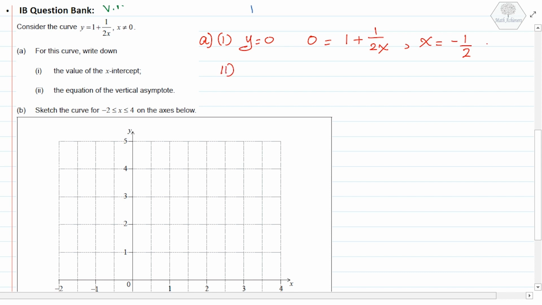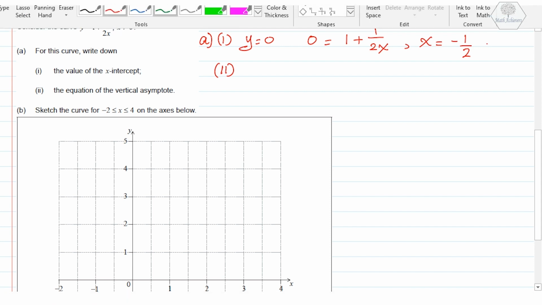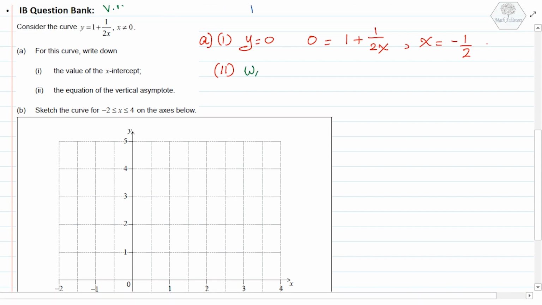Part A II, we need to find the equation of the vertical asymptote. The first thing we have to do is write it as a single fraction. So I need to make the same denominators.